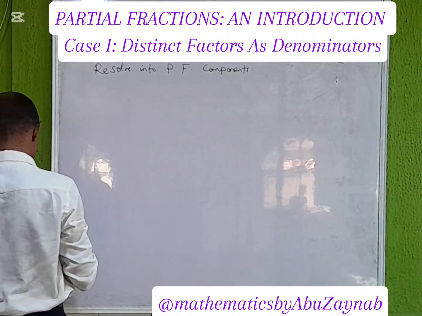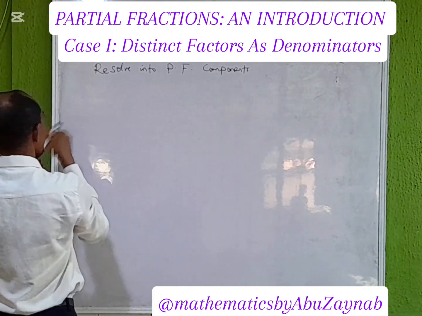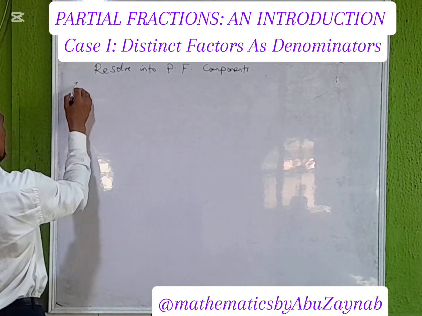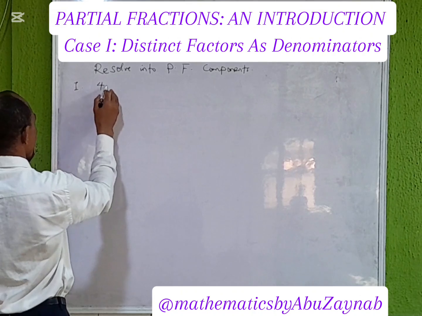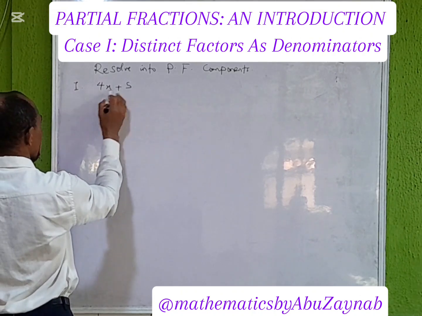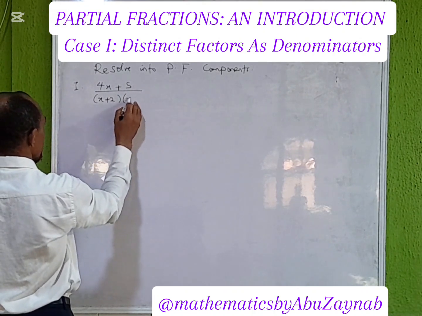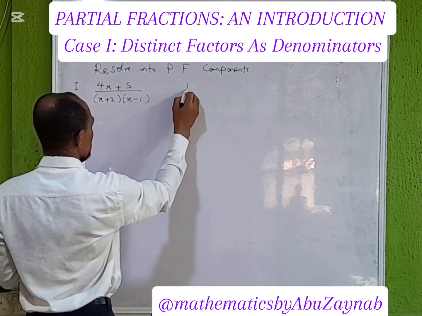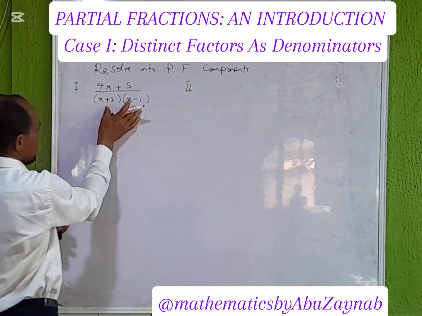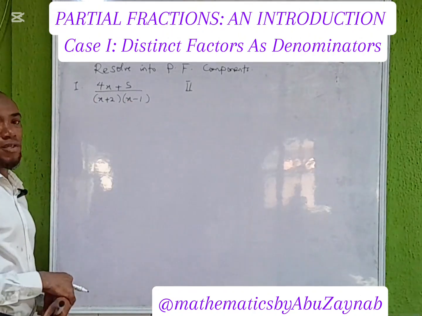So we have question 1 there. We have 4x plus 5 over x plus 2, then x minus 1. So the question can come in such a way that the respective factors are already given. You don't need to do anything.